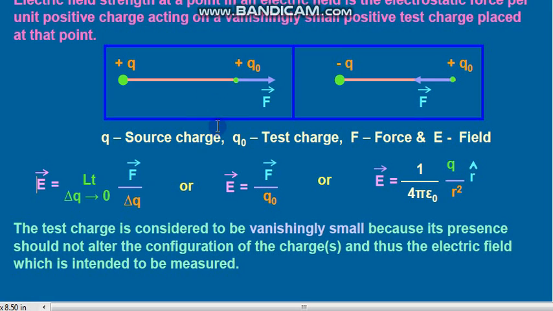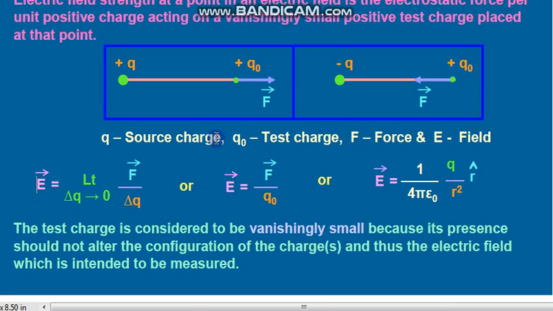Now if I use Coulomb's law, this force is going to be equal to 1 by 4 pi epsilon 0 q1 q2 divided by r squared, where q1 is plus q and q2 is this. So if I put these values here, instead of this F, I have 1 by 4 pi epsilon 0 capital Q small q0 upon r squared, entirely divided by this q0.